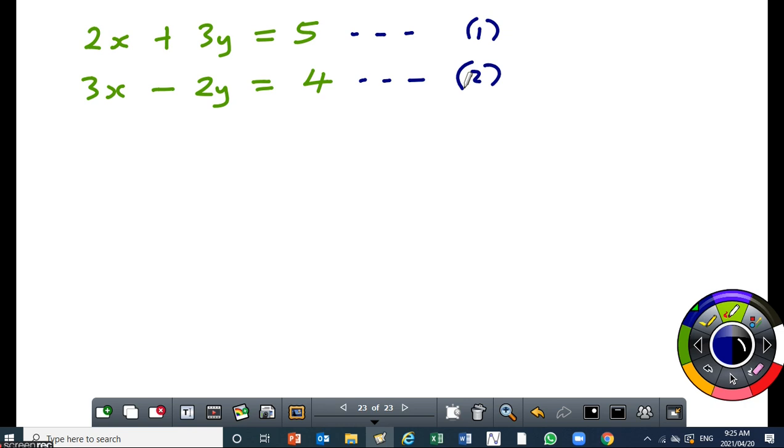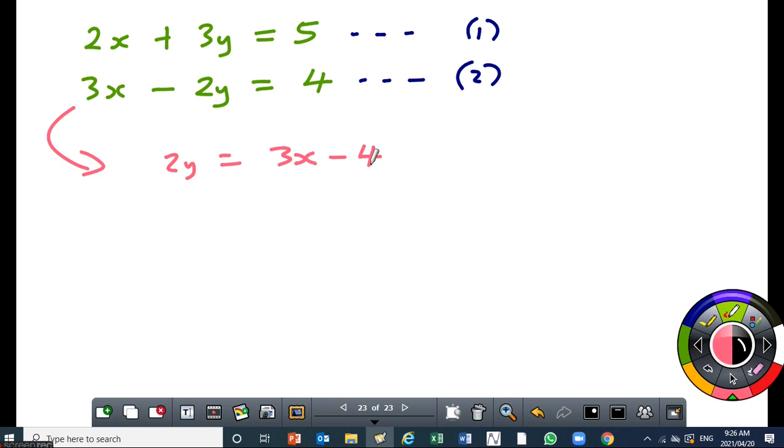Okay? So if I want to make y the subject in equation 2, all I have to do is take the 2y to the right and then bring the 4 to the left. So if I do that, I'll end up having 2y equal to 3x minus 4.